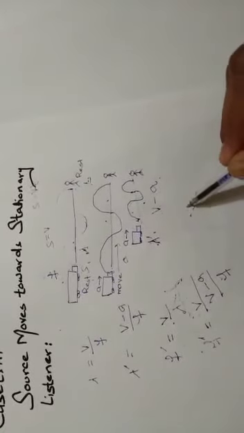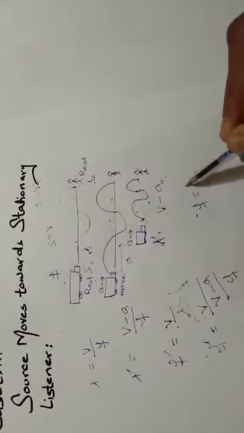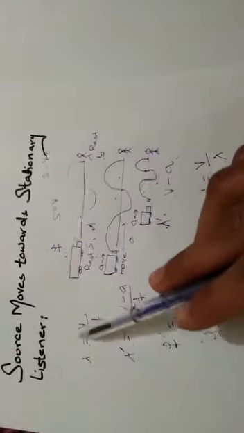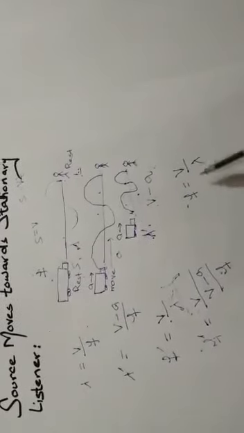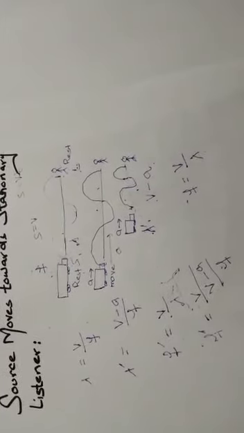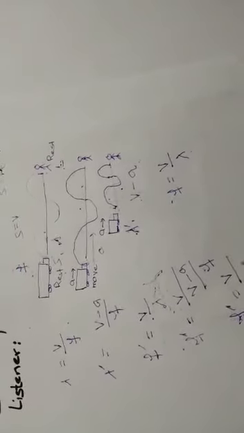As the frequency is equal to v divided by lambda, this frequency depends upon the wavelength. In this case, we have this expression of the frequency, or we can write it as f prime is equal to v by v minus a into f.